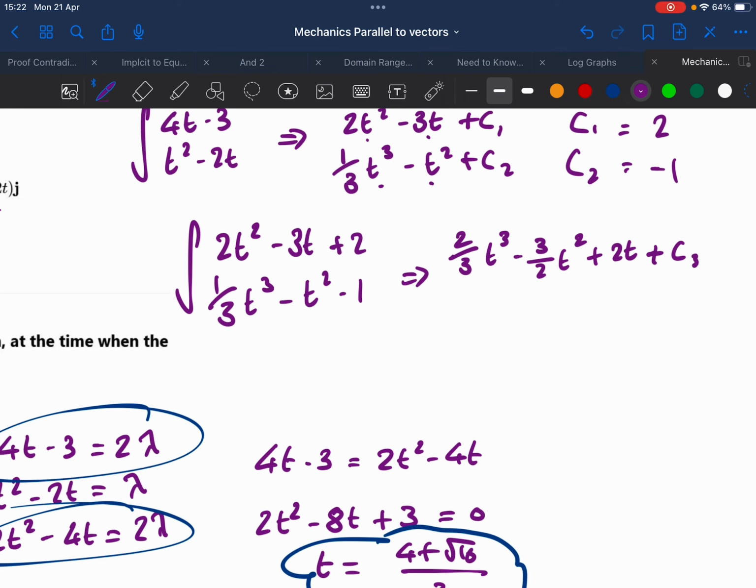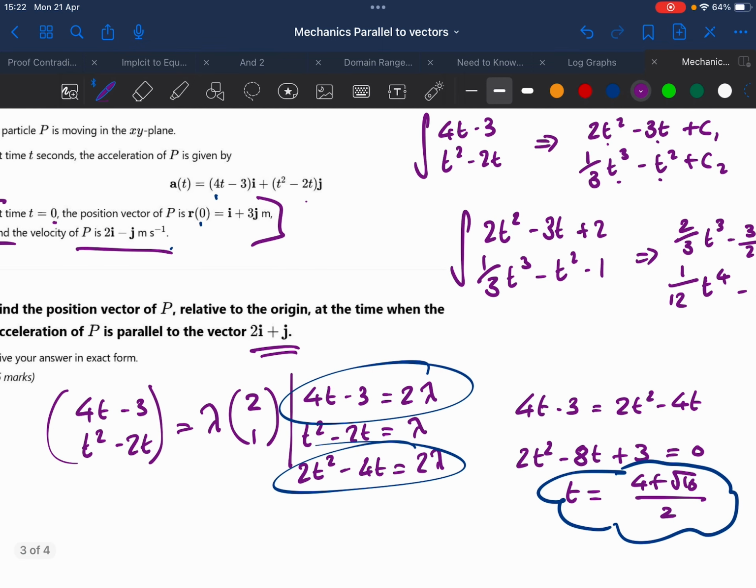I'll call it c3. And this one over here is going to give me a 12th t to the 4 minus 1/3 t cubed minus t plus another c value.